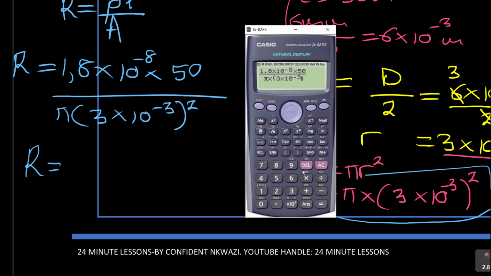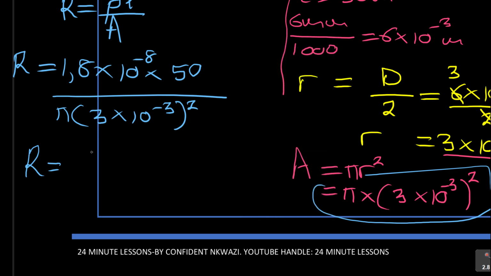Just be careful how you do this, and then you put squared there, equal to, there is the resistance. I hope I did it right there. What is the resistance? It is 0,0318. In 3 decimal places, 0,032 ohms. 0,032 what? Ohms. Alright, so that becomes the answer to this question.